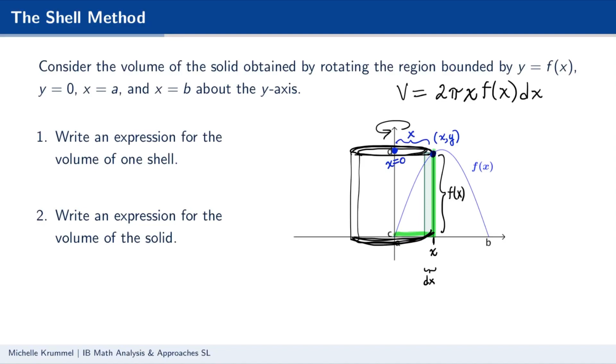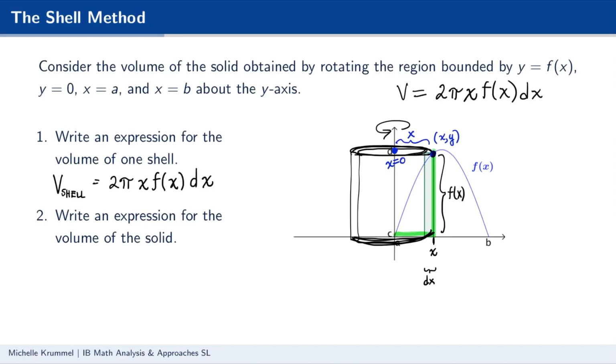That is the volume of one shell. So let's go ahead and write that over here. It's the volume of a single shell, 2 times pi times x times y. But I'm going to write the y as f of x so that we're just using a single variable here, times dx. But it's basically just 2 times pi times x times y times dx.